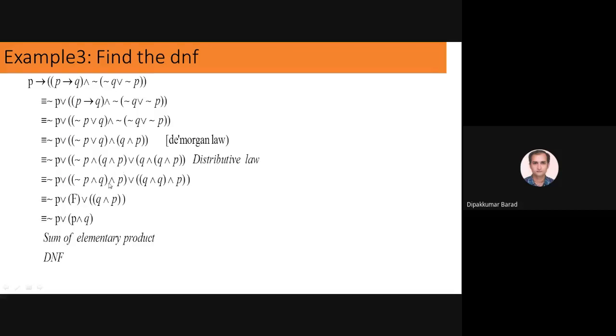So false and Q, and here Q and Q, which is Q and P. So I get Q and P.